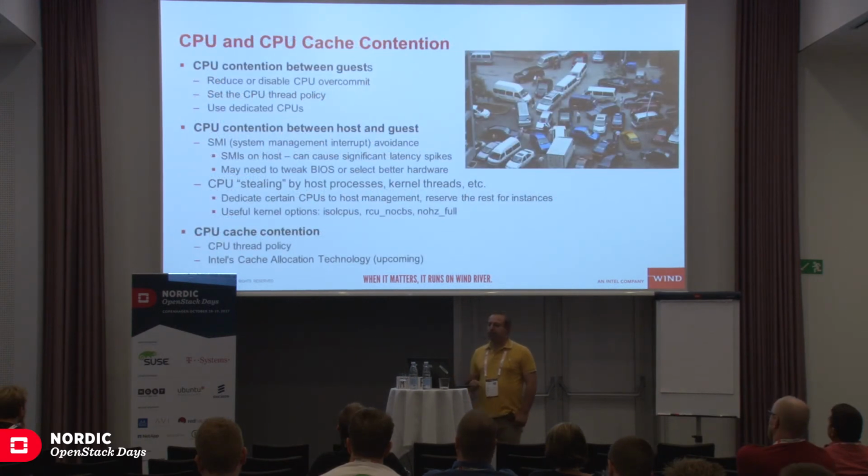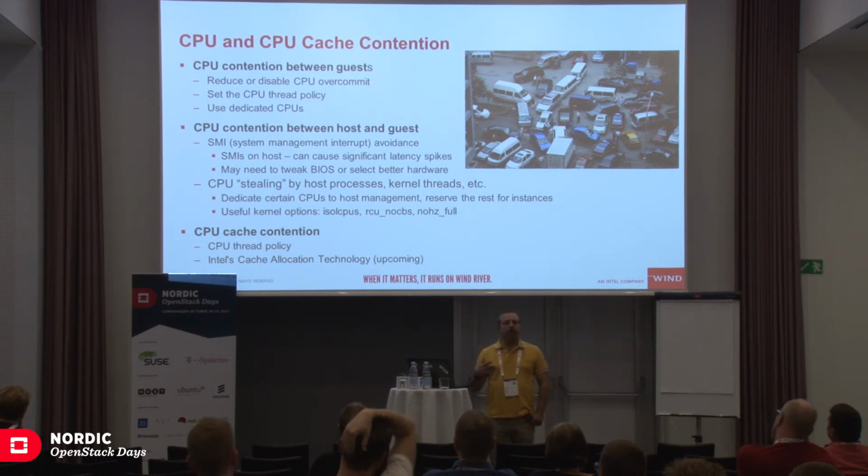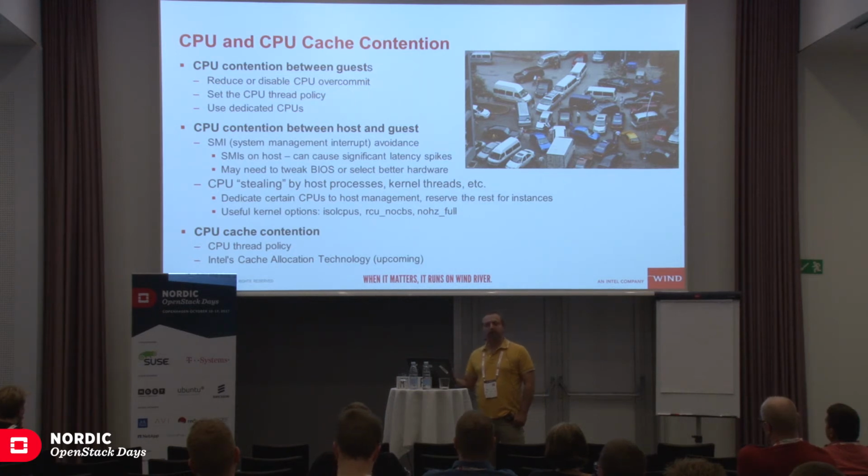When it comes to the CPU, maybe you know that if you install the default OpenStack, by default you're going to overcommit the CPU 16 times. That means that 16 VMs can actually use 1 CPU in the host. You can imagine how it can create contention and impact the performance of your application.